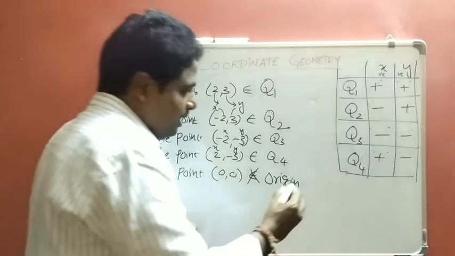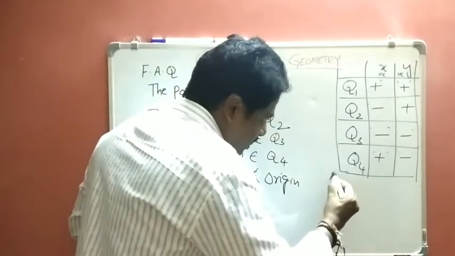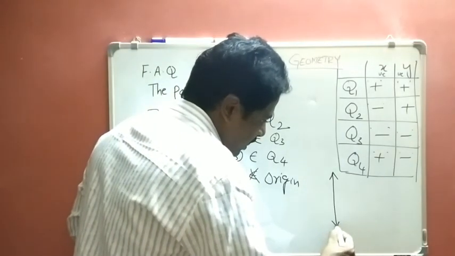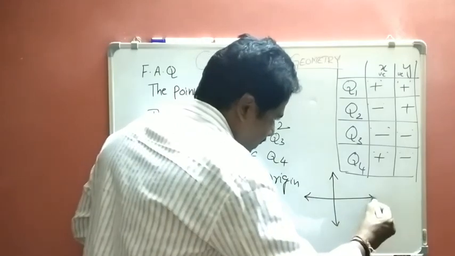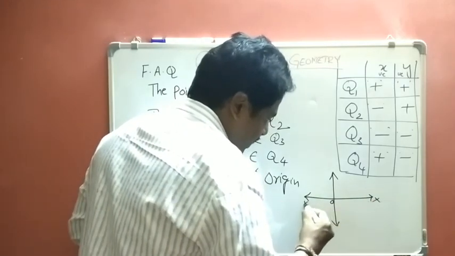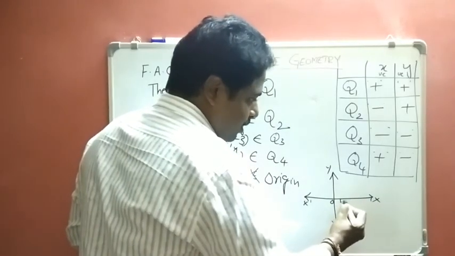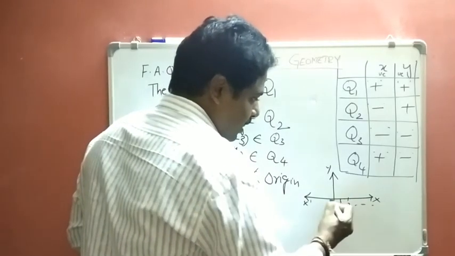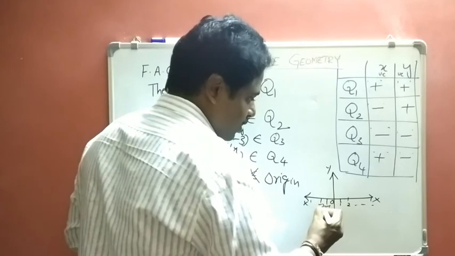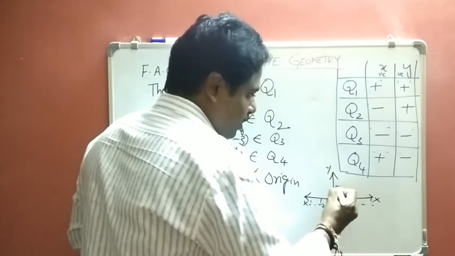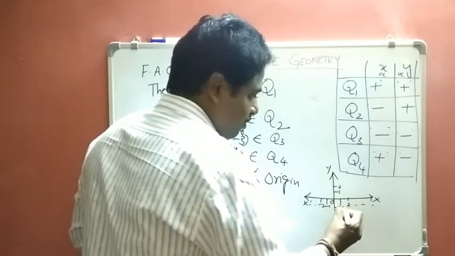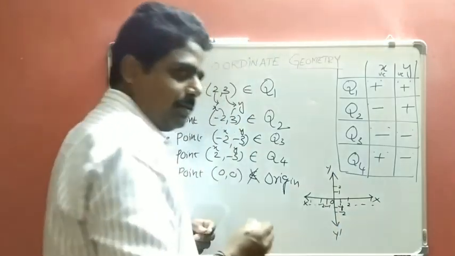And one other thing in a Cartesian plane, as we just discussed: XO, X dash, YO, Y dash. Here we have positive numbers 1, 2 and so on. Here we have negative numbers -1, -2 and so on. Here we have positive numbers, and here we have negative numbers.